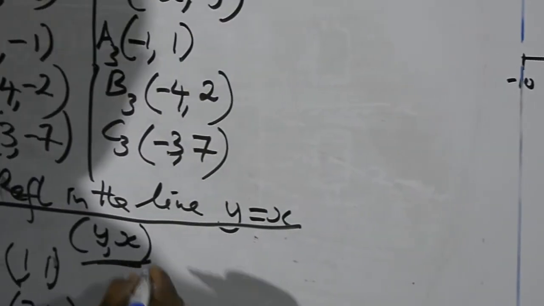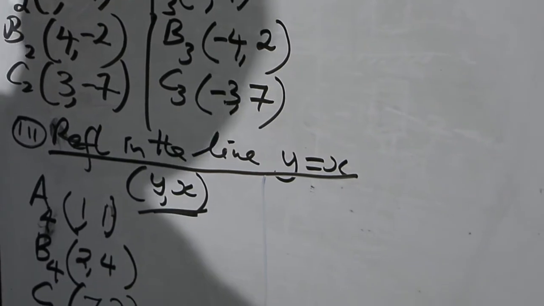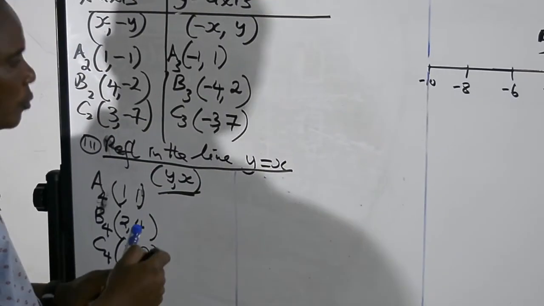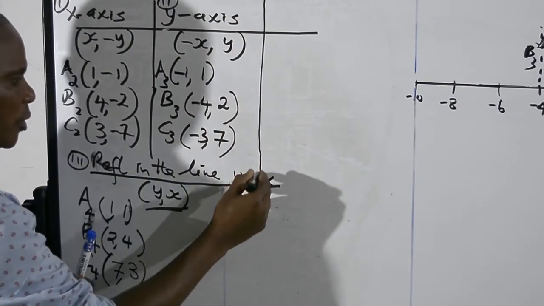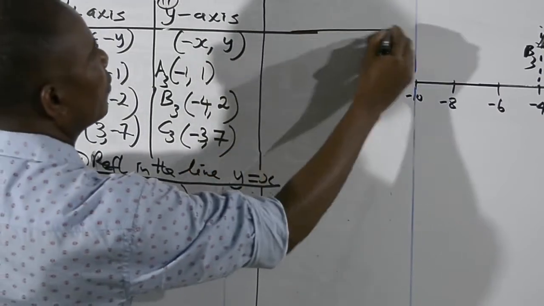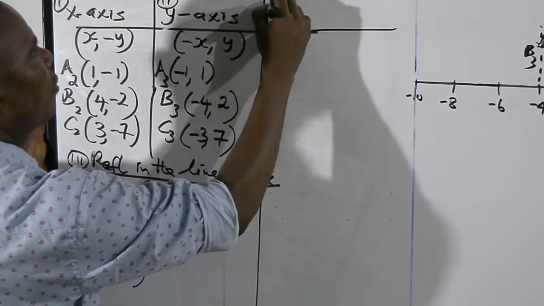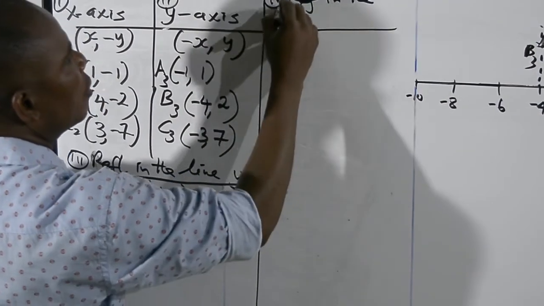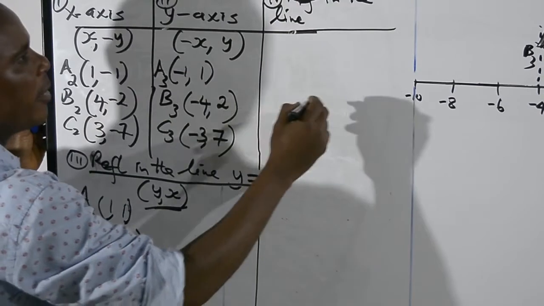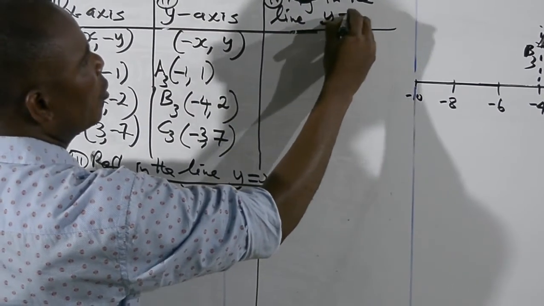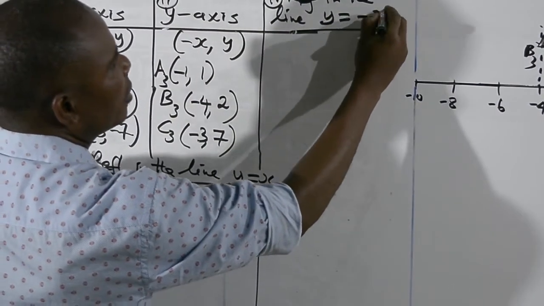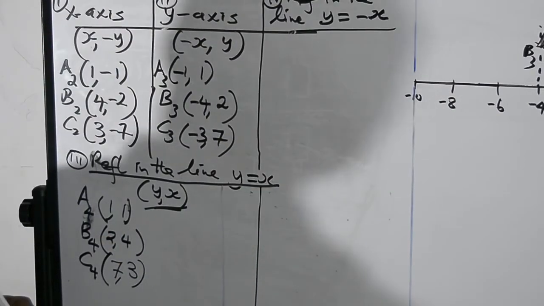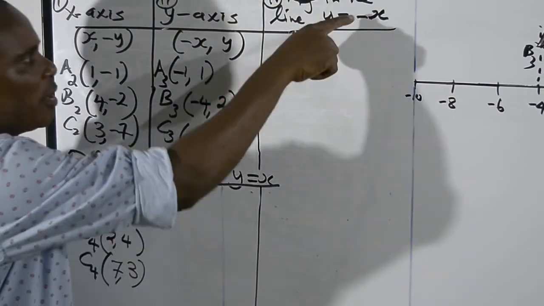So what about the next one, which is Roman 4? Roman 4 is reflection in the line y equals minus x. So if you check this, it is just telling you that the difference between this and this is just the minus.